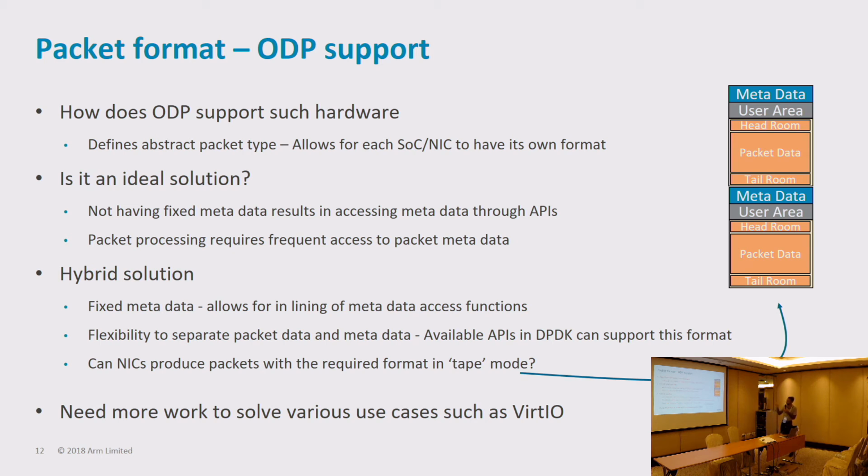And then we also need to provide flexibility in separating the packet data and the metadata. Like I showed in the previous slide, we have a set of packet data and then the metadata. Having the separate set of packet data would allow the NICs to follow the tape mode, and having the fixed metadata would save us the CPU cycles.